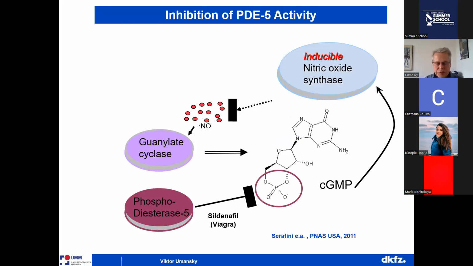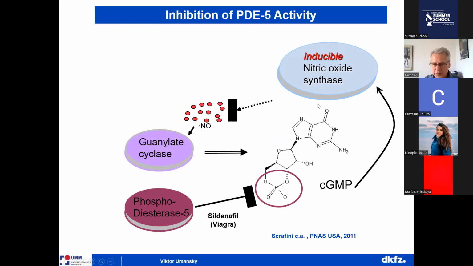For this, we use sildenafil or Viagra, which inhibits phosphodiesterase 5. Sildenafil can block the activity of phosphodiesterase 5, which degrades cyclic GMP.